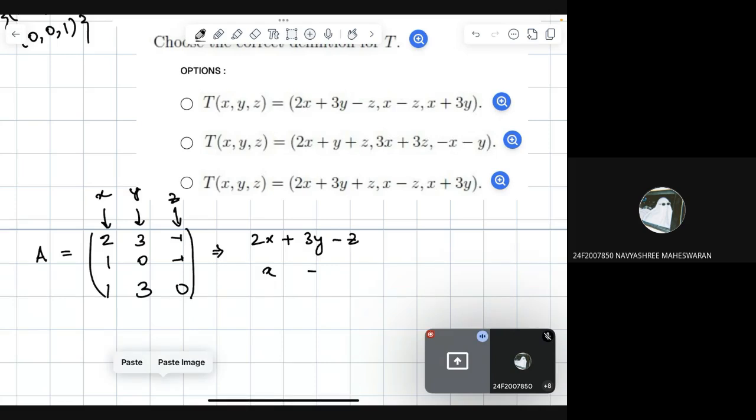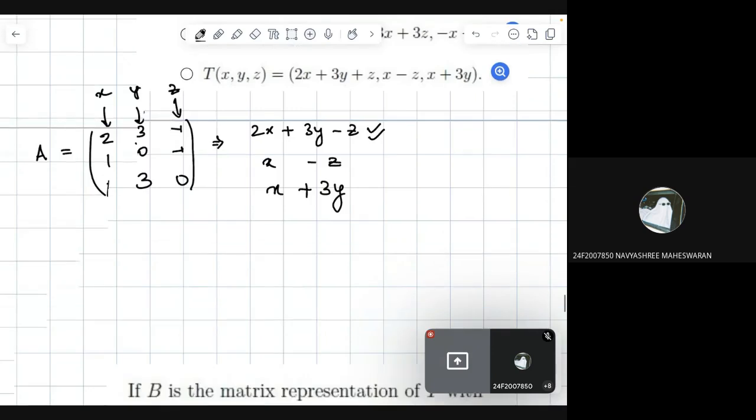So the first row can be written like this, the second row can be written like this, and the third row can be written like this. Hence the first option is your representation of T. T of x, y, z can be written as this.